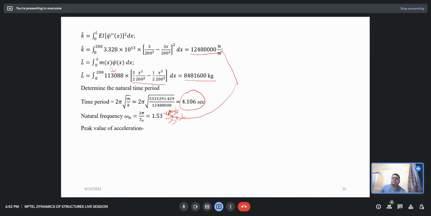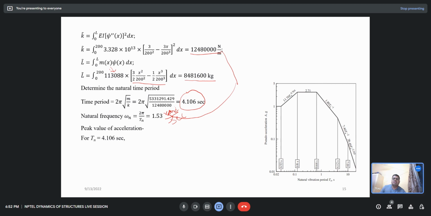Now you can calculate the peak value of acceleration. Tn is equal to 4.106. Can you tell me what is the SA by G for 4.106? Anyone? For Tn equal to 4.106, what will be the pseudo acceleration, SA by G?